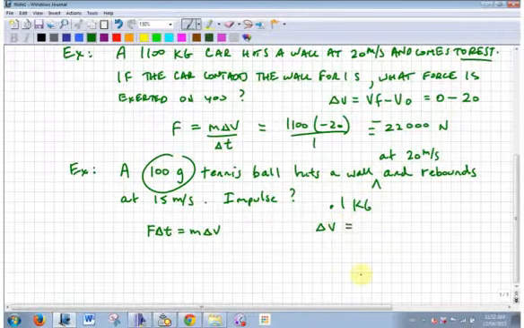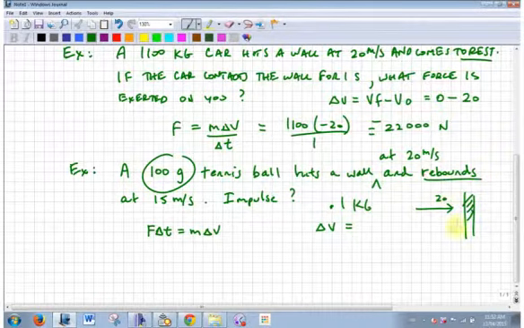Again, this was tricky in grade 11, right? So, pictures are handy. There's my wall. It comes in that way at 20 and hits it and bounces back at 15. But there's a sign problem here, right? If I'm taking that way as positive, the other direction, that's got to be a negative.